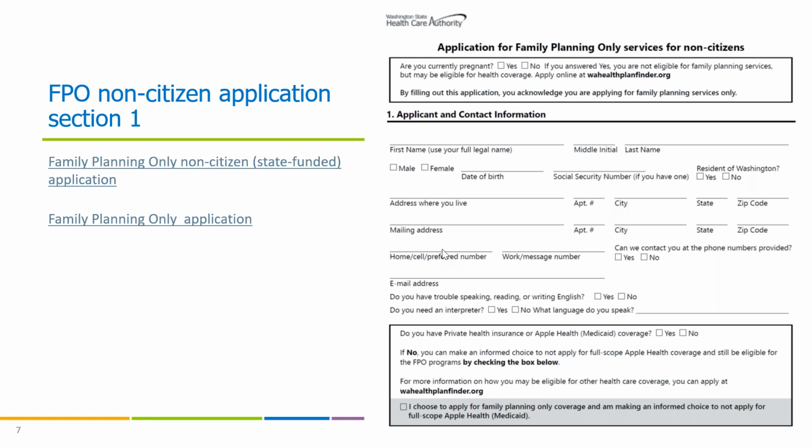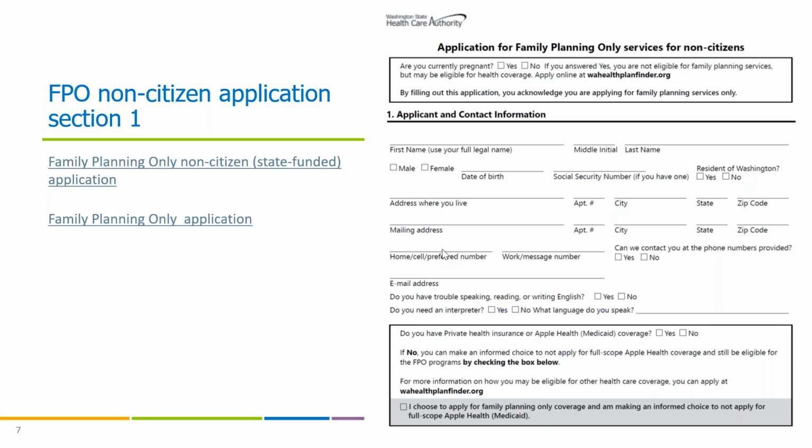I will go over the differences between this application and the application for family planning only. As you can see on the slide, we have the links to both applications that you can have handy. And like Christine said, they're available on our SharePoint or on our webpage for you to use.